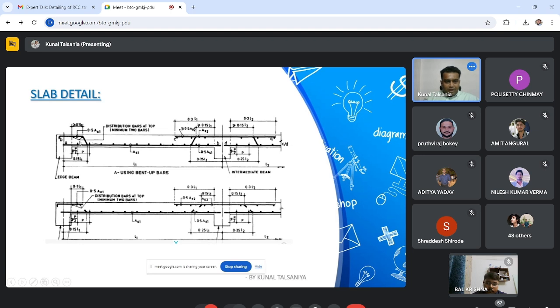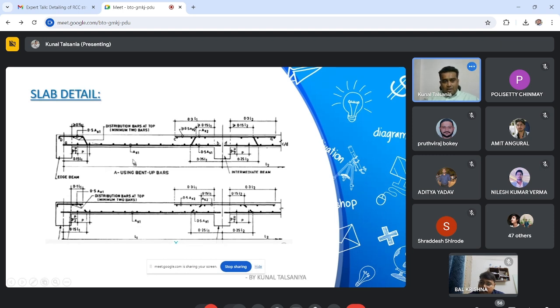For the edge beam, the bent up distance from center is 0.15 L1, and from the start it should be greater than or equal to 0.1 L1. L1 is the center to center distance between two beams.